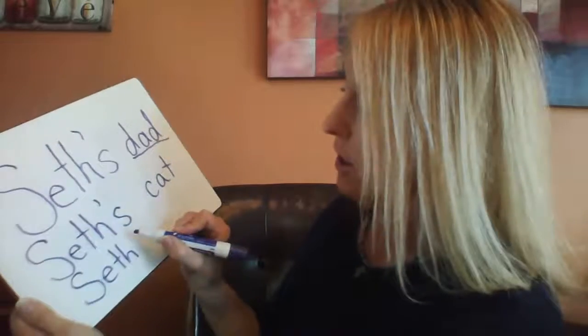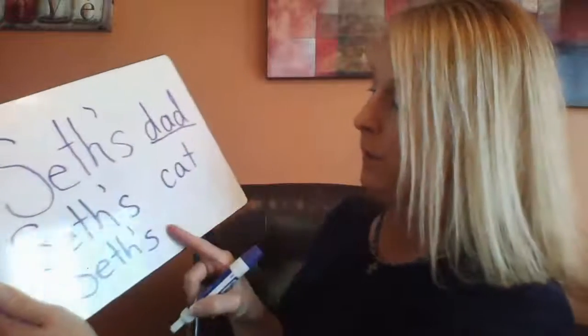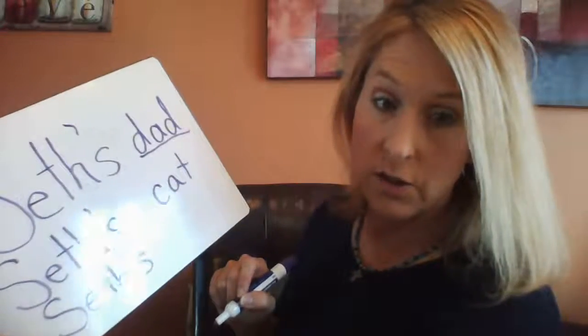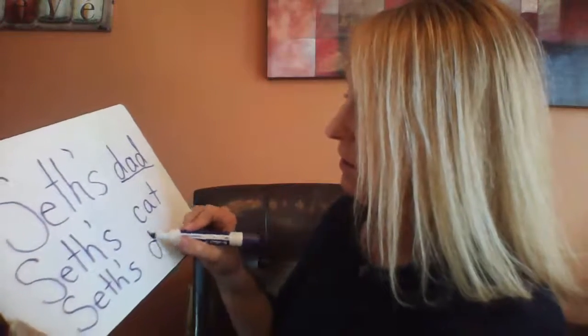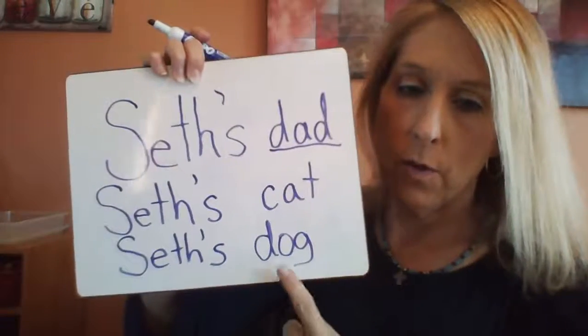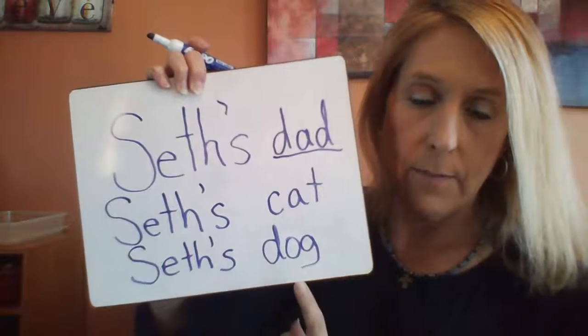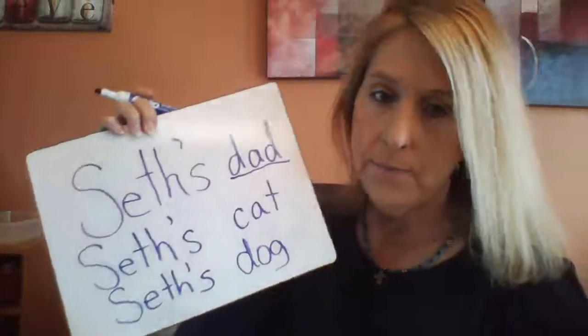Right after that H, apostrophe S. Seth's, finger space, dog, D-O-G. So again, the word that follows that apostrophe S means that that person, that thing, it belongs to them. Okay? So, I'm just going to write a couple of these and see how you do at reading them.